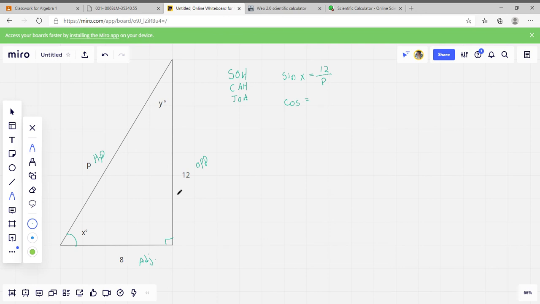Cosine would be adjacent over hypotenuse. Adjacent is 8, our hypotenuse is p. That won't do us any good. Our tangent is going to be opposite over adjacent. That's what we need. Opposite is 12, our adjacent is 8.